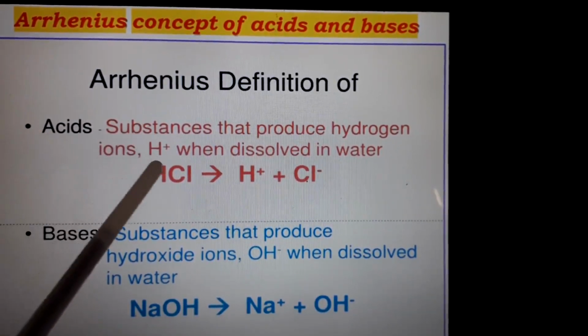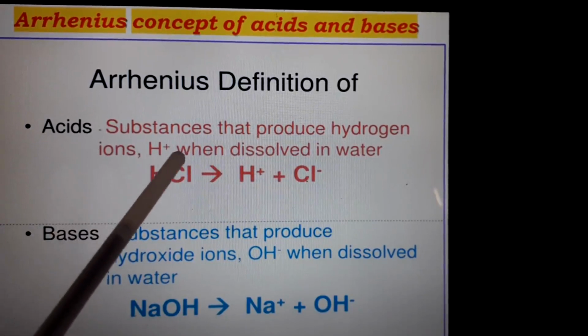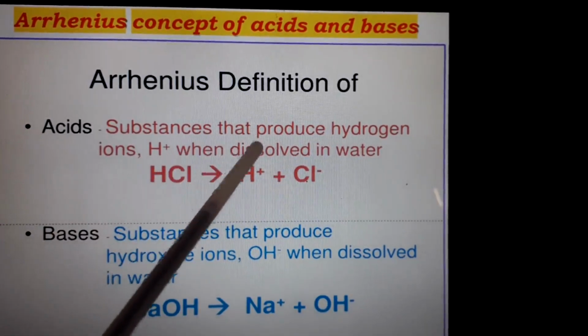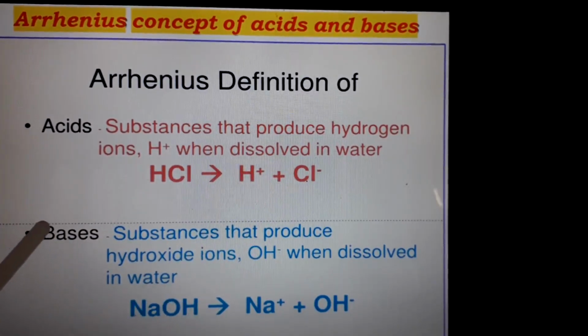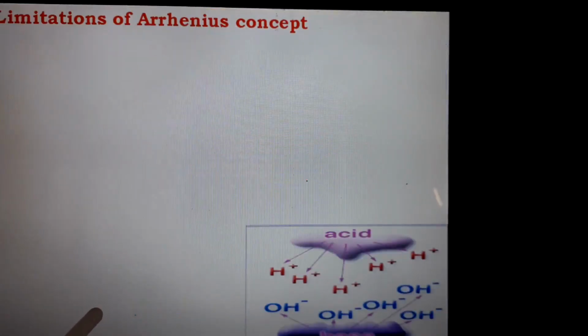See the equation, hydrochloric acid dissolves in water gives H plus ion and Cl minus ion. He told, what is base? Base produces the hydroxyl ion when dissolved in water. For example, sodium hydroxide gives sodium plus ion and OH minus ion. These are the Arrhenius concept.